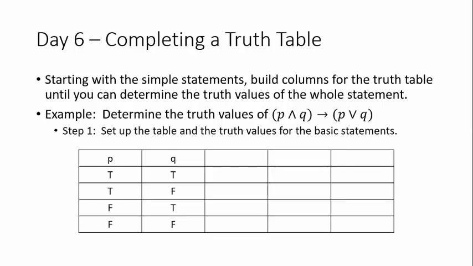We want to set up the table of the truth values for the basic statements. So you'll notice that I've started with a column for P and a column for Q, and I set it up as I've done on all of these others. The column for P is true, true, false, false, and the column for Q is true, false, true, false.